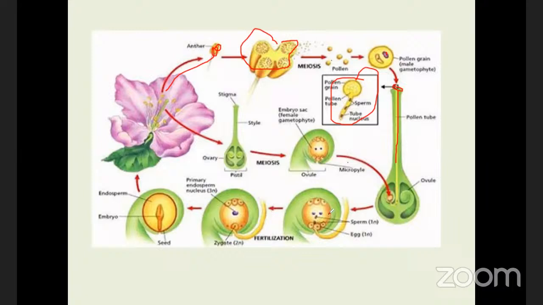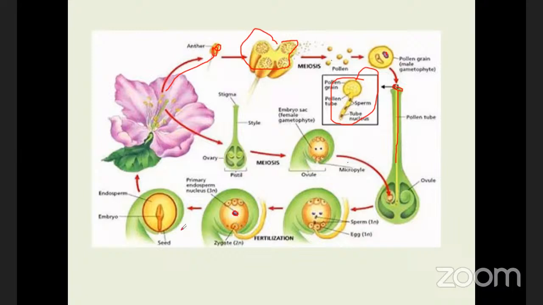These are the steps. You see the ovule in the gynoecium, the ovary. The ovule is present in the ovary. In the ovule's embryo sac, you can see the 8 nuclei: the egg apparatus, antipodal cells, and polar nuclei. The egg cell will fuse with the first male gamete, and the second male gamete fuses with the polar nuclei to form the endosperm.